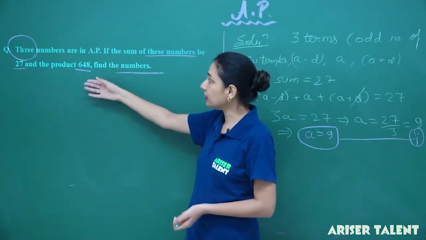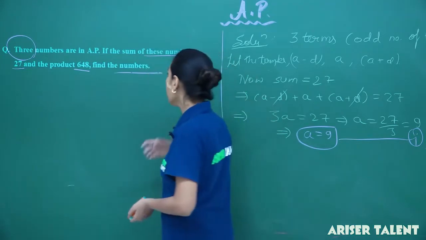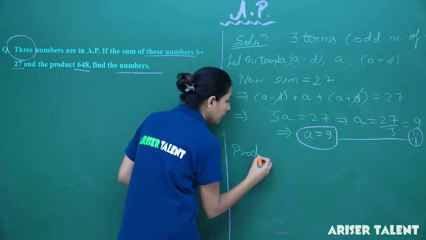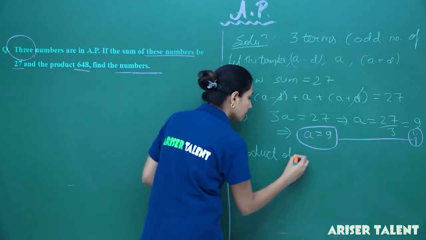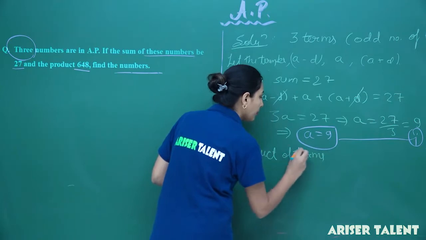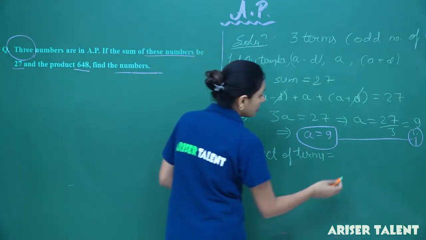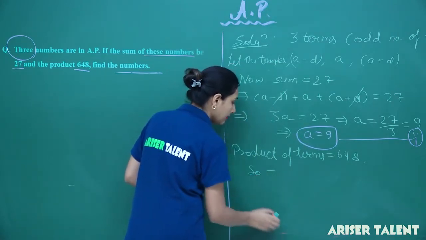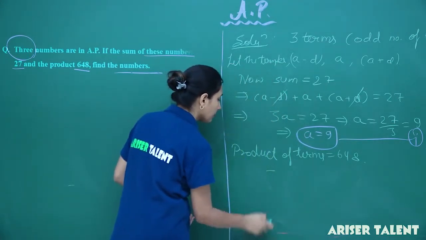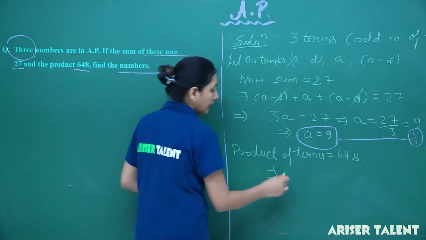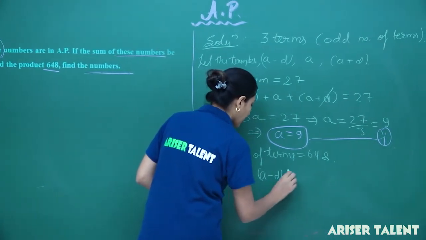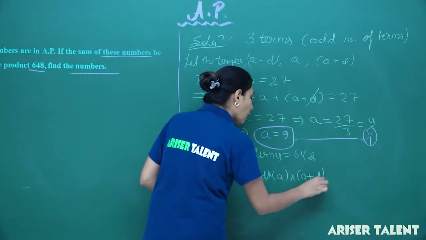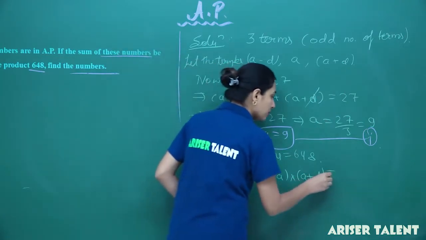So the product of terms equals 648, which implies A minus D, multiplied by A, multiplied by A plus D equals 648. This is the formula, students.